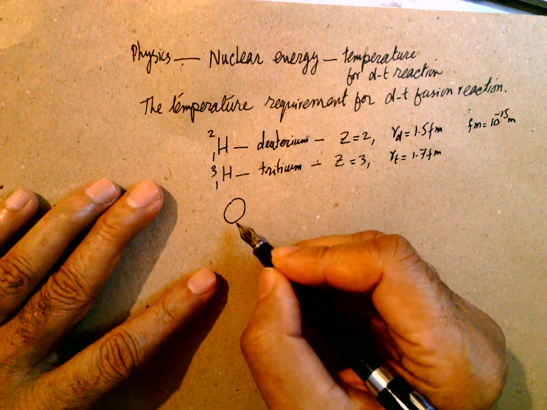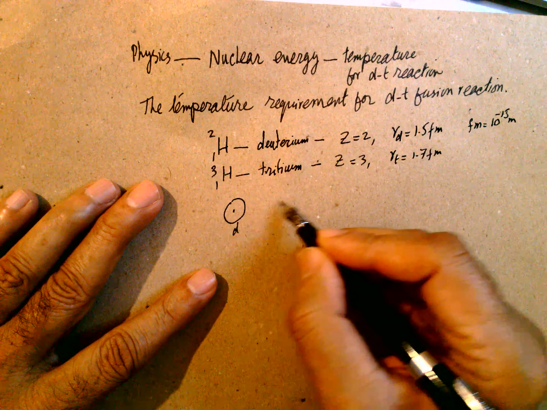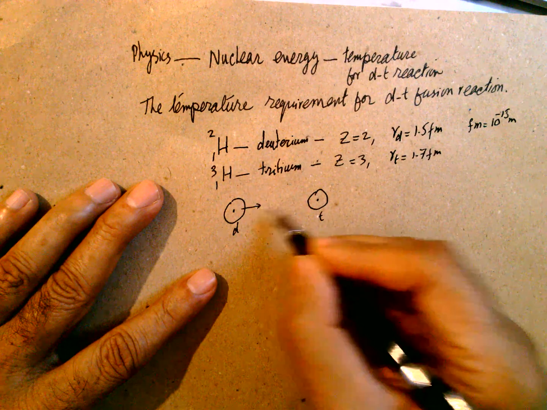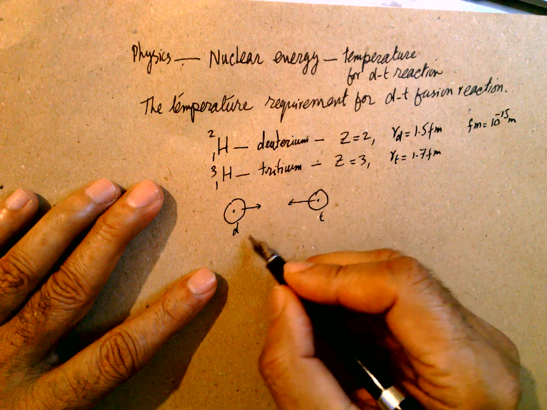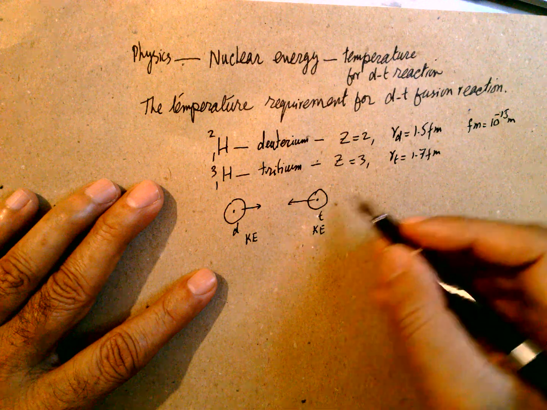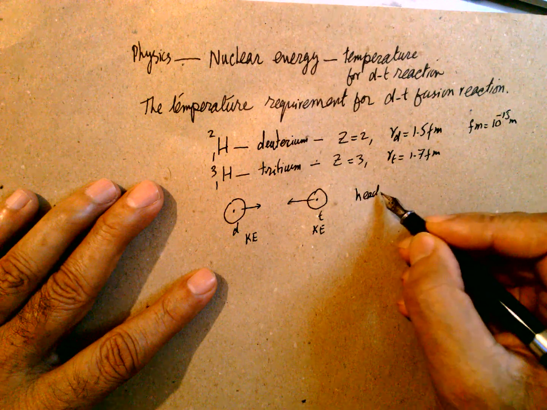So when this is D and this is T, and they are moving close to each other with the kinetic energy Ke, so head-on collision.